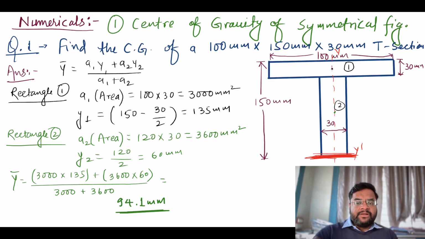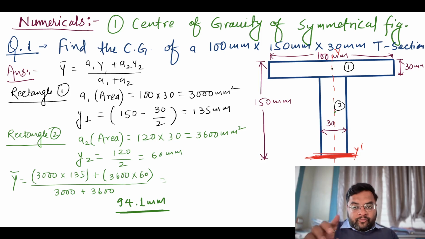Now the numerical. For the center of gravity of a symmetrical section, if we draw a line, that line has to divide the figure into two equal parts. In this figure you just see the red line, the y axis, is the line which divides this figure into two equal parts.